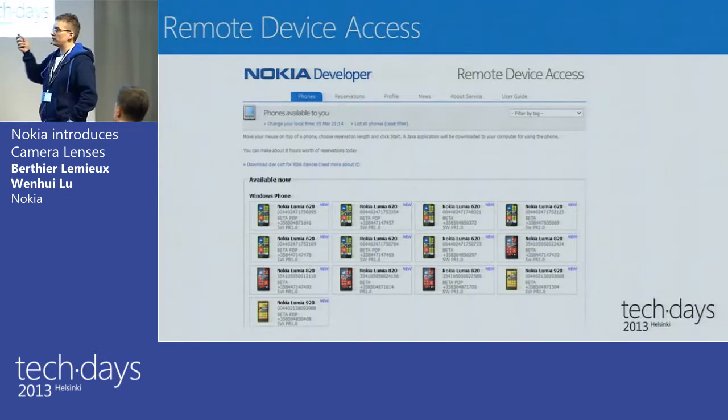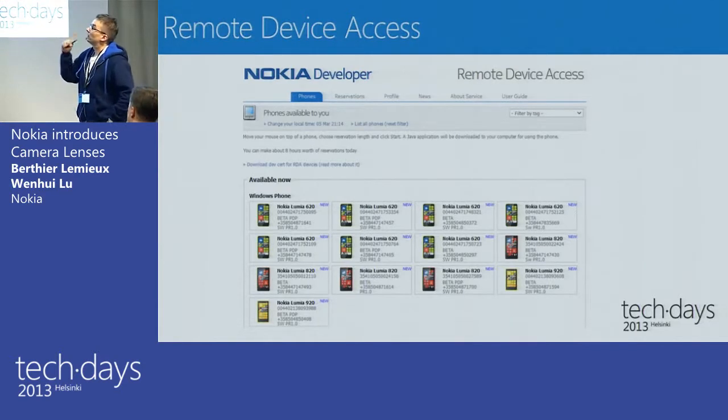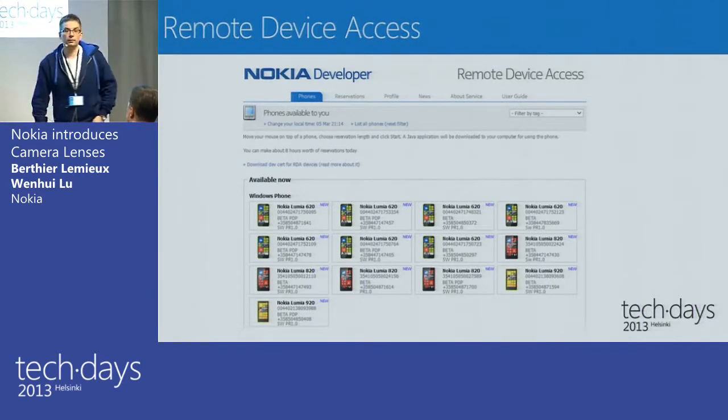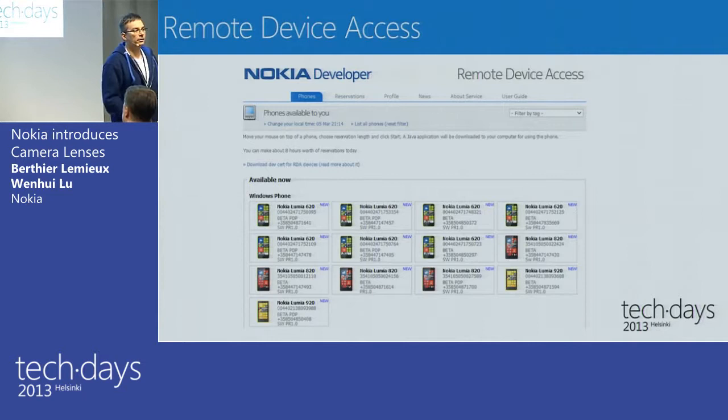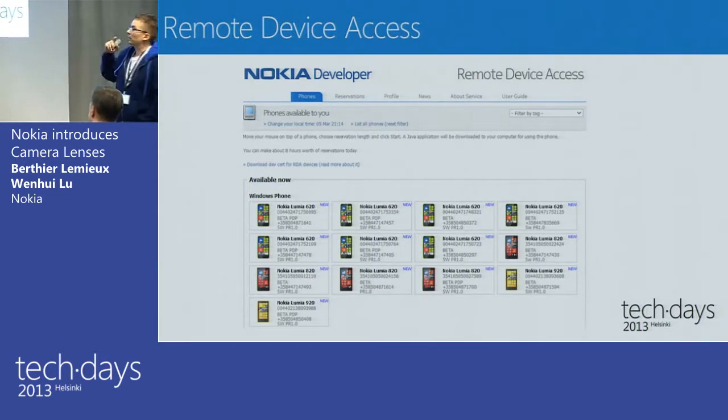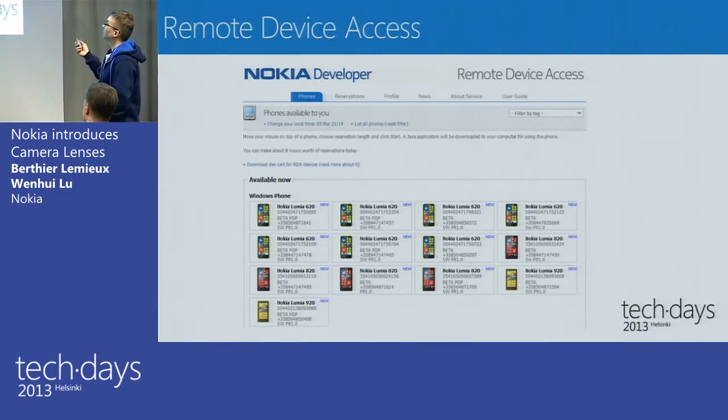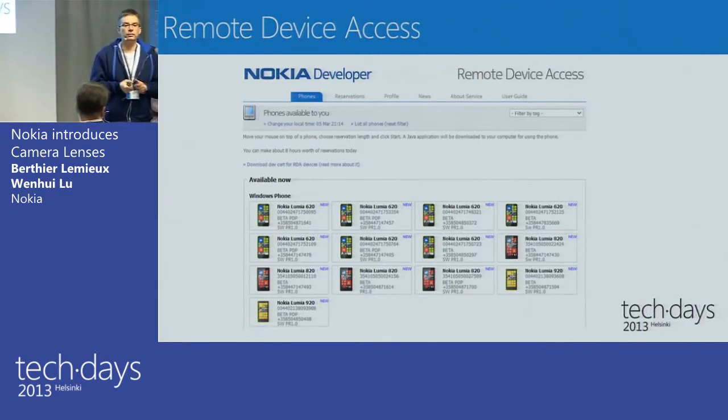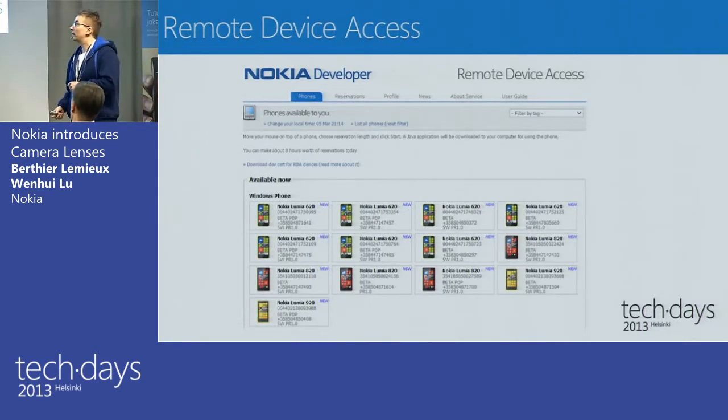And this is a new service that was launched a week ago, again at Mobile World Congress, and that should be very interesting for you. What happens is, I don't have the address, but if you Bing the remote device access, you're going to end up in the Nokia developer pages, and there's a web portal. It has a list of phones that you can use.